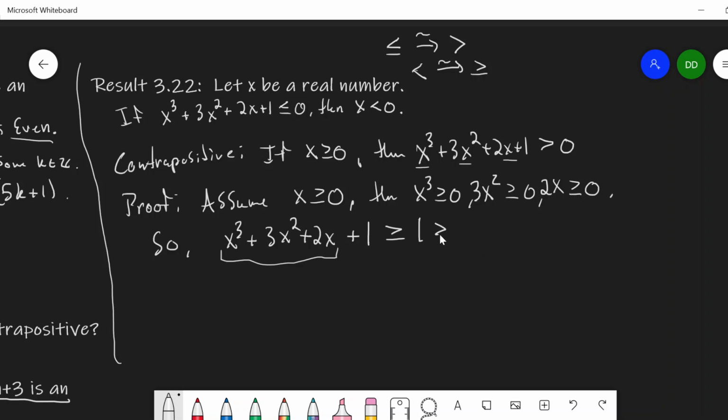And 1 is strictly greater than 0. So now I have x cubed plus 3x squared plus 2x plus 1 is strictly greater than 0. And that proves it.